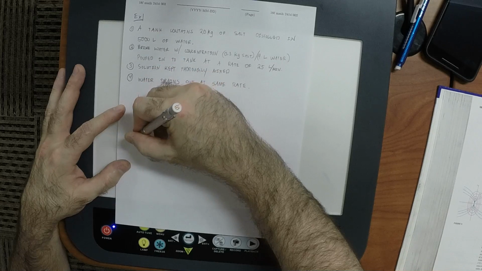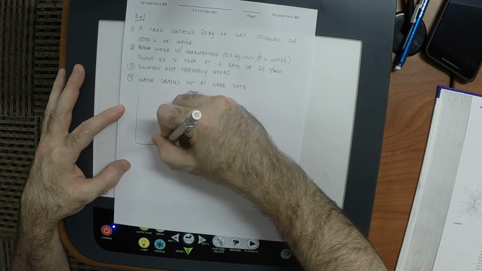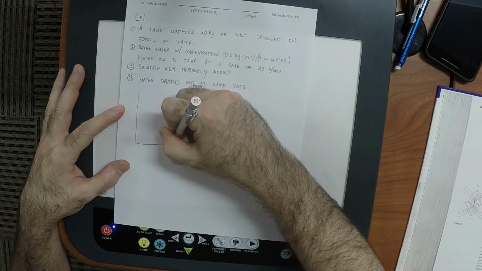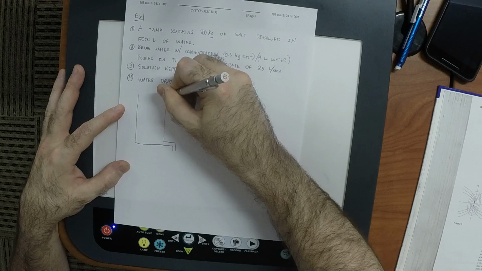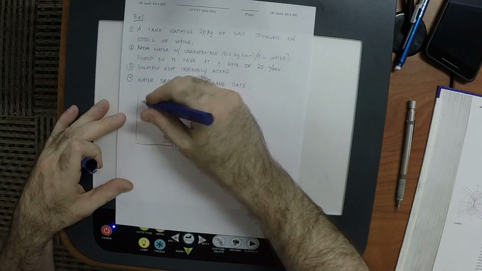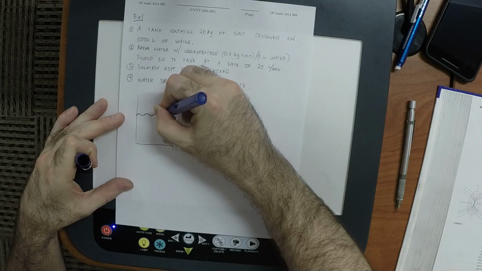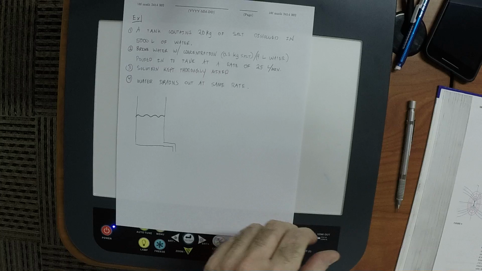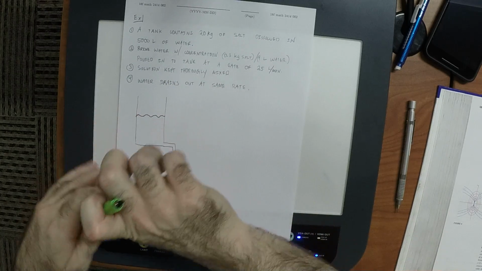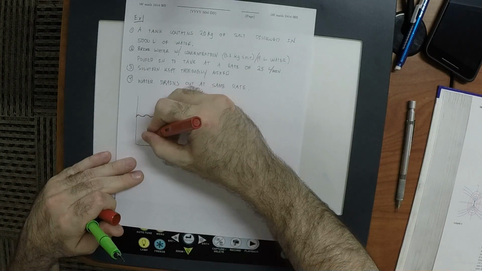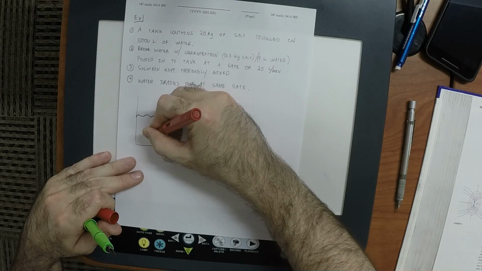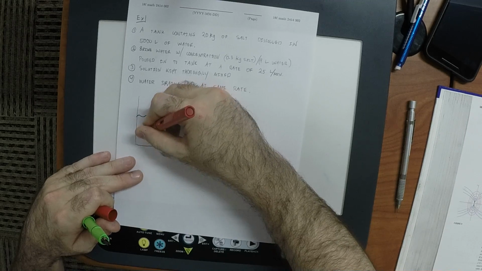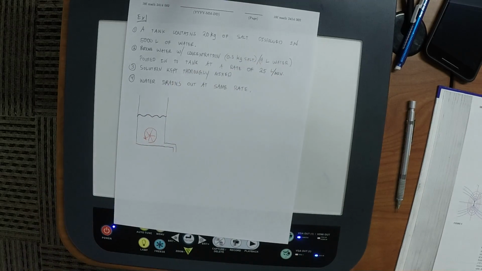That we've got a tank. So that's my artist's impression of a tank. That's the water level. And then there's some mixing element here. This is like the mixer, and it's turning. It's keeping this all very well mixed.